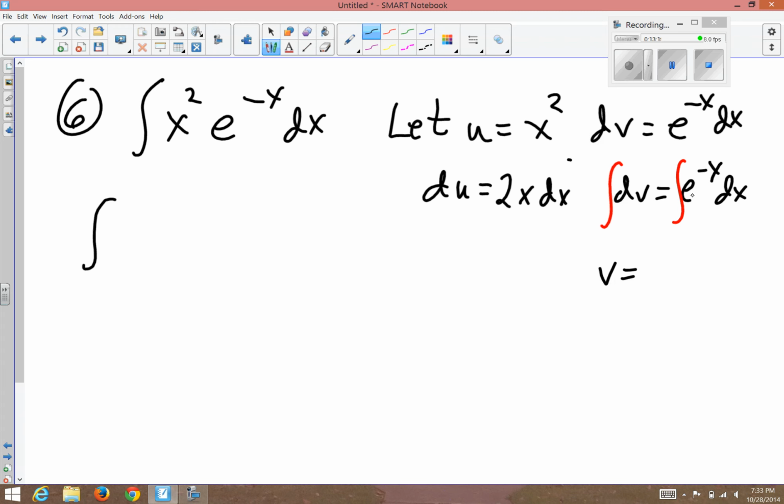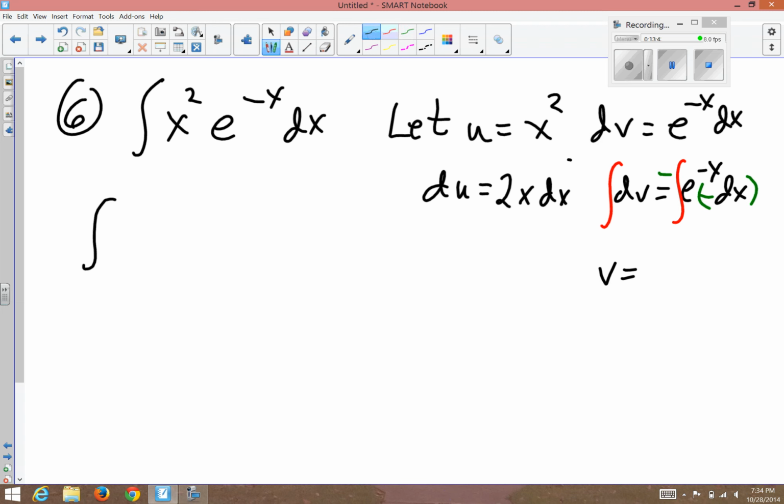And this actually requires magic chalk that I'll try to say without writing it all down. If we let u equal this exponent, the derivative would be negative 1 dx, requiring the negative 1 to appear here, which also requires the reciprocal of negative 1. Can't put this negative 1 without that negative 1.